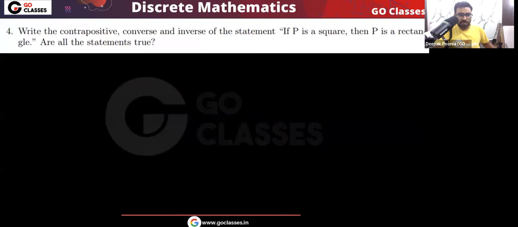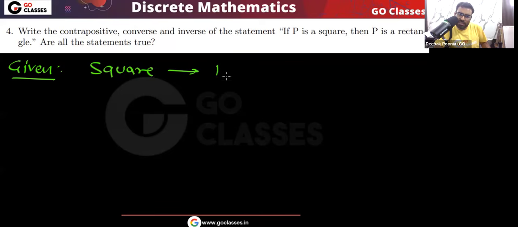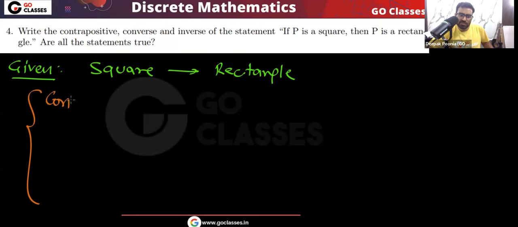So here, what is the given statement? The given statement is that if P is a square, then it is a rectangle. The given statement is square implies rectangle. Okay. Now for this given statement, what will be the converse?